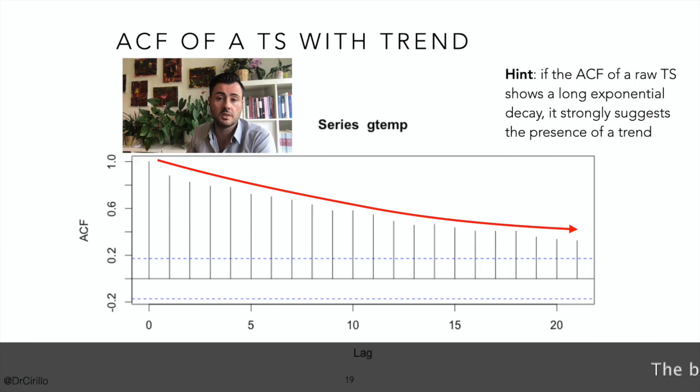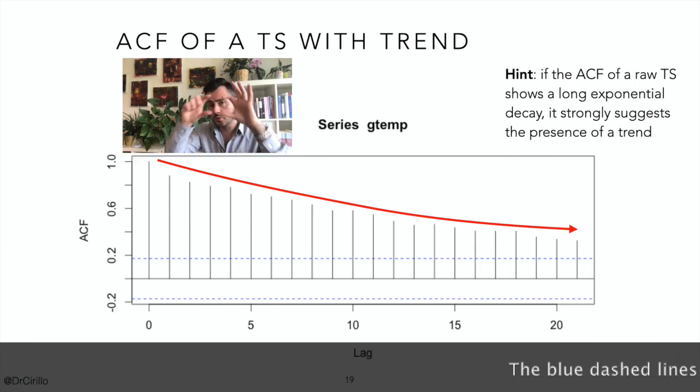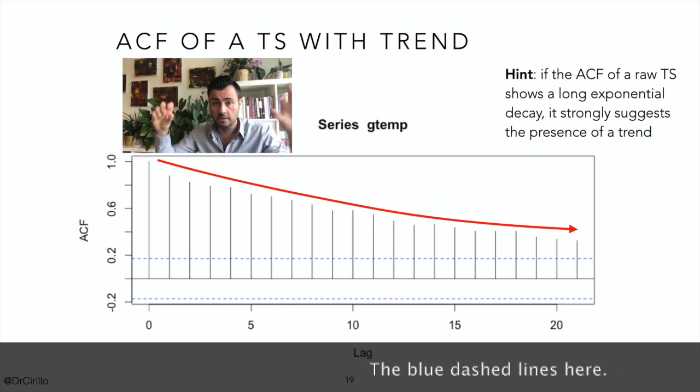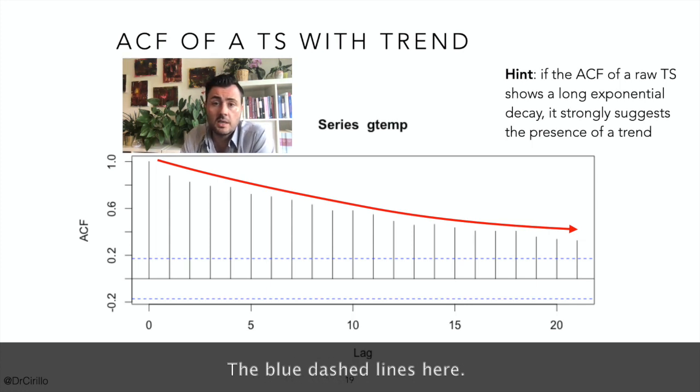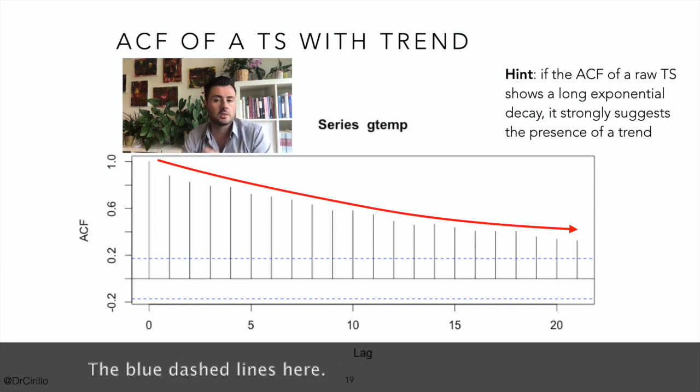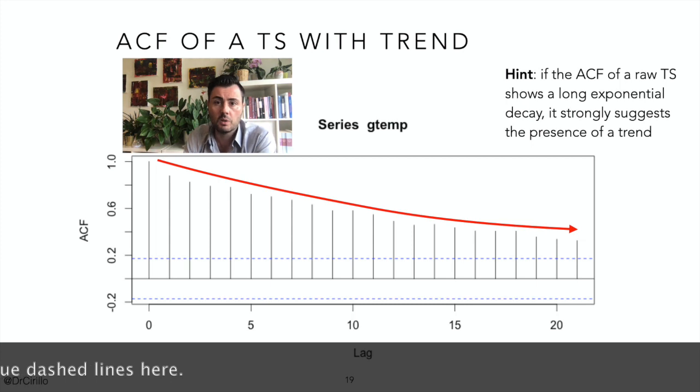And in order to be significant, they need to be out of the confidence bar that you see indicated in the ACF. Nevertheless, we will use the ACF a lot, so we will have all the time in the world to further discuss how to read the ACF, for example, when we deal with ARMA models.